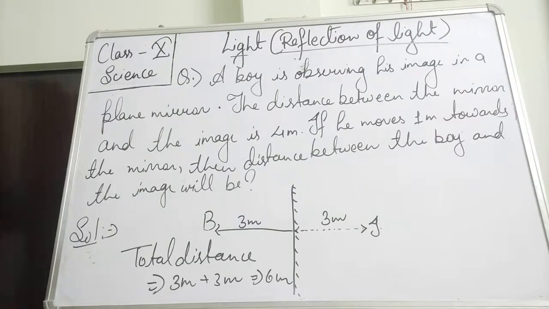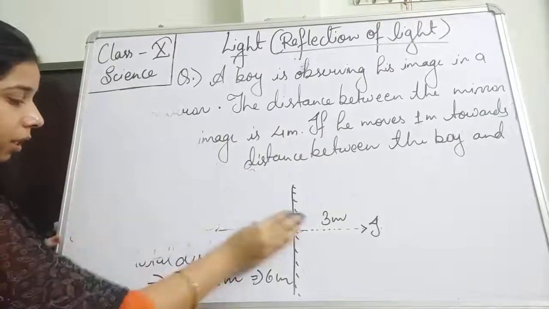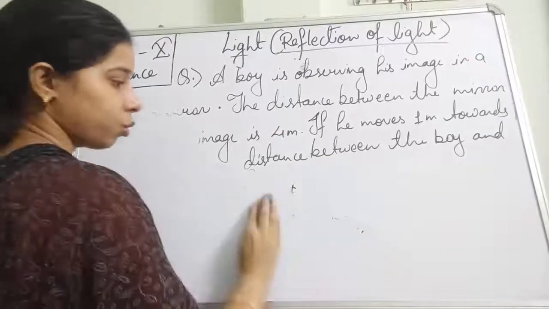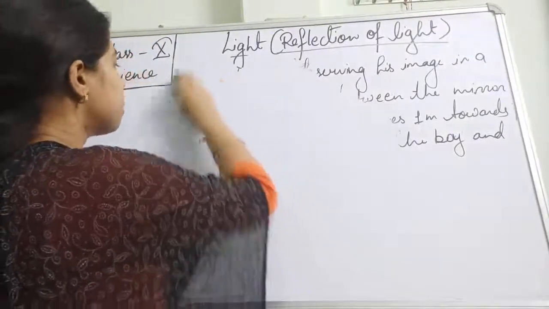in other ways, students. Now we will see another question, and that will be related to speed. So we have seen the distance related question. Now let us see the speed related one.